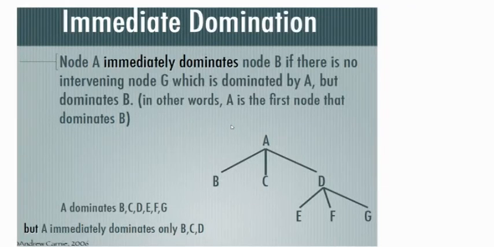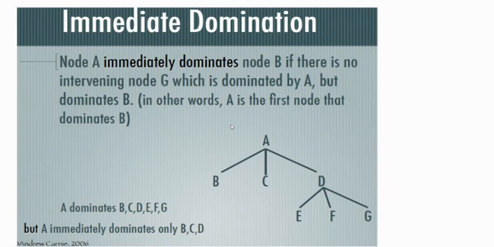Immediate domination, that's another terminology that we have in the trees. Node A immediately dominates B if there is no intervening node G. A dominates everything, but let's say node B, if there is no intervening node G. Let's say if node A immediately dominates node B. Immediately.